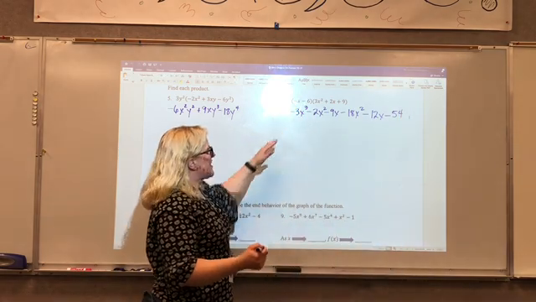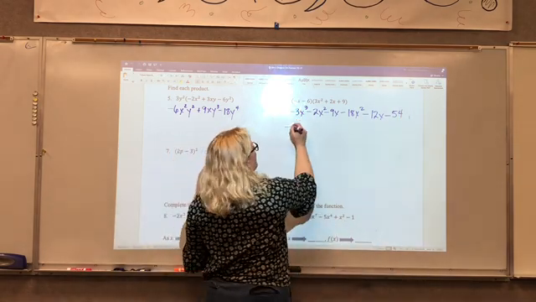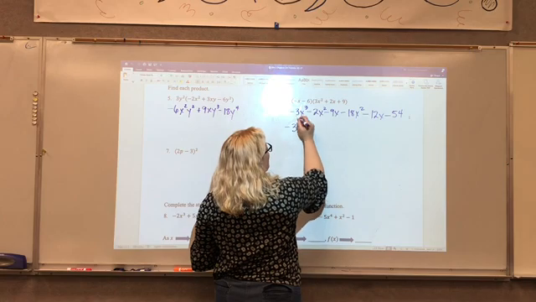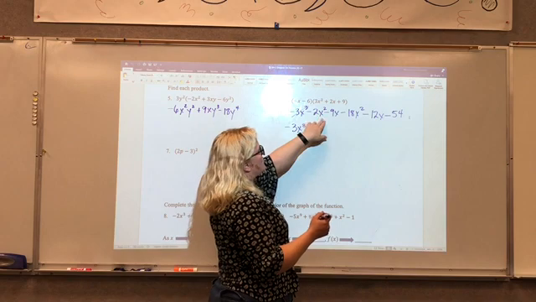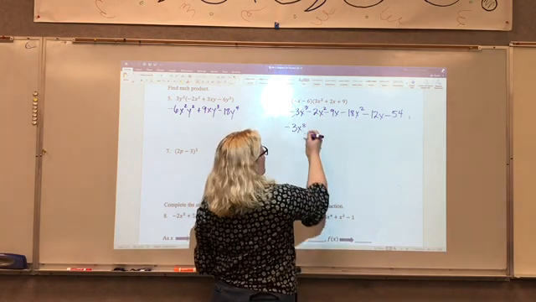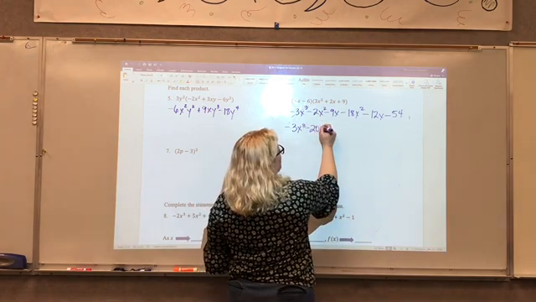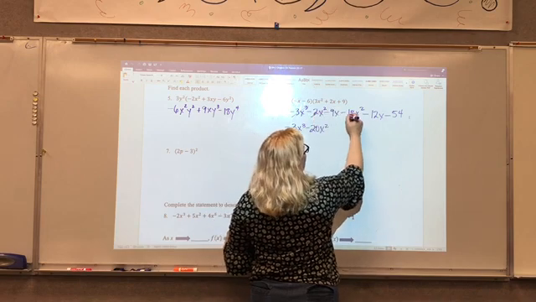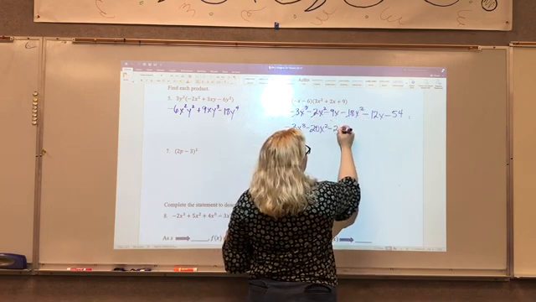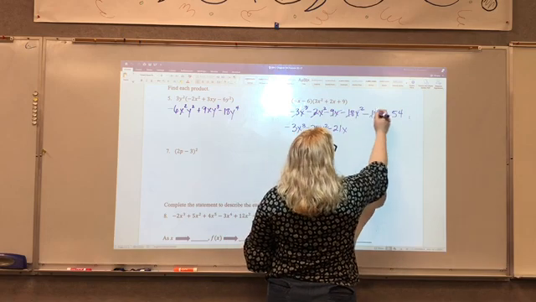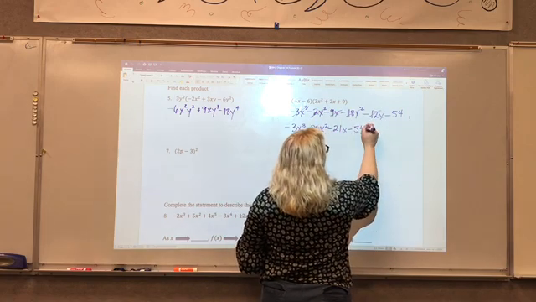So now I combine like terms. So I have negative 3x to the third. That's the only one I have with an x to the third. Then I have negative 2x squared minus 18x squared is negative 20x squared. Negative 9x minus 12x is minus 21x. And then I have minus 54.